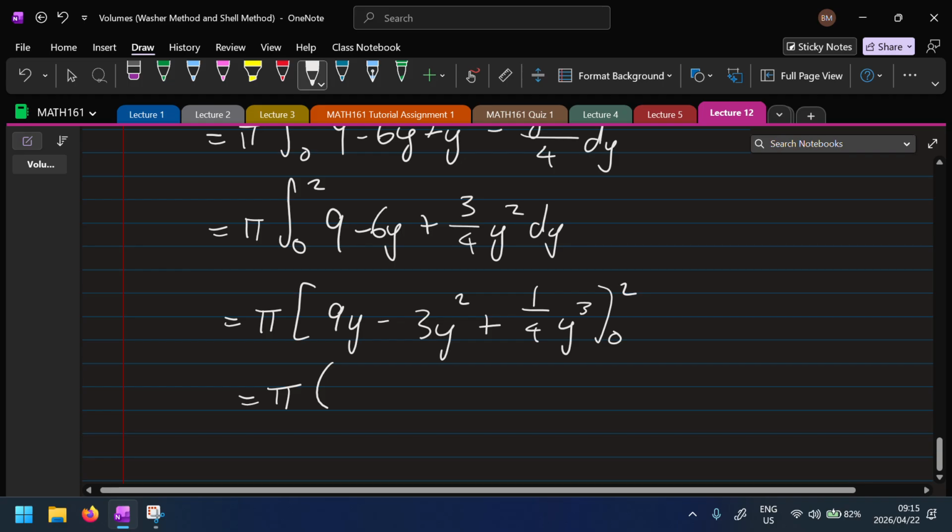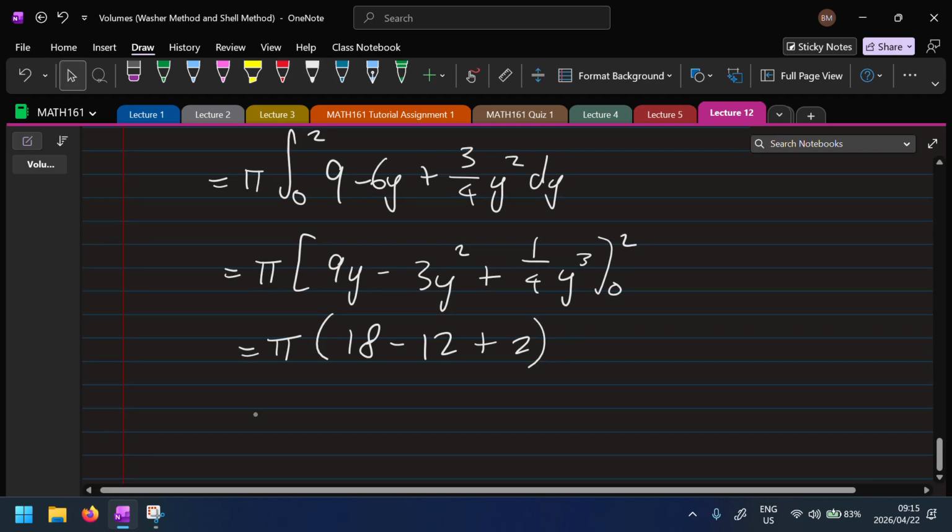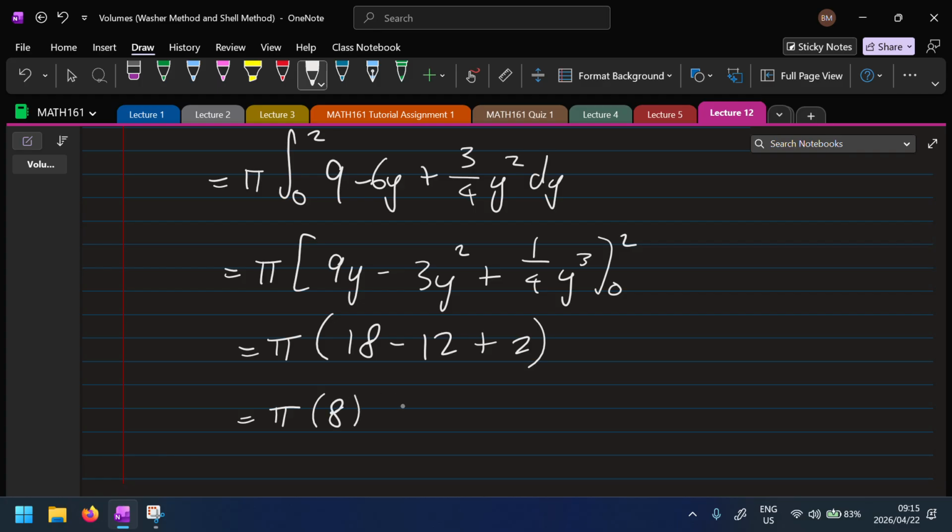So it'll be pi. If we put in 0, we just get 0, so we can ignore that one. Let's put in 2, so 9 times 2, it will be 18. 2 squared is 4, so we get 12. 2 cubed, that will be 8 over 4, that will be 2. Okay, 18 minus 10, so 8.